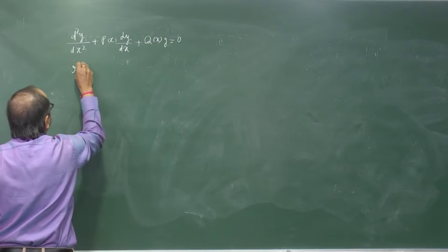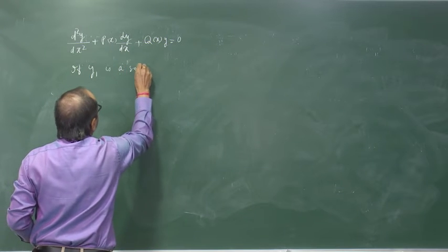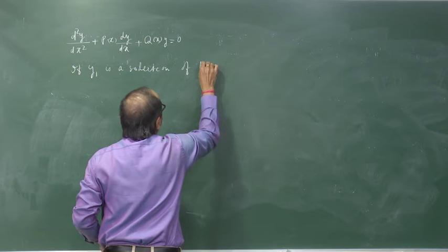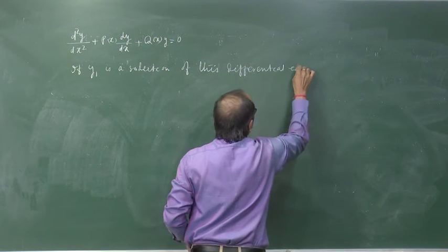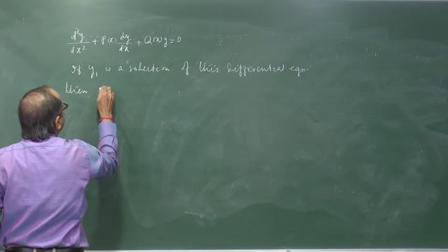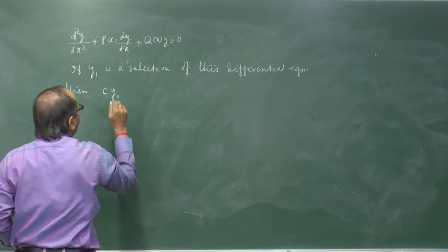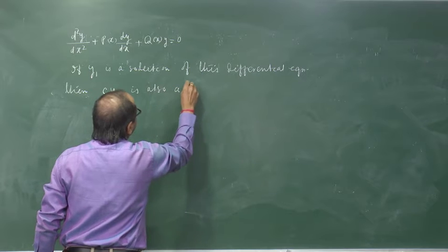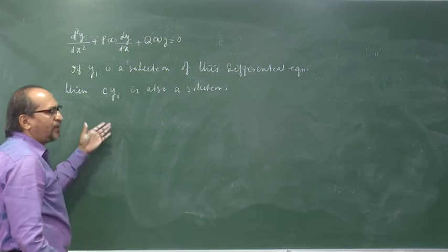If y1 is a solution of this differential equation, and C is an arbitrary constant, then Cy1 is also a solution of this equation. You can very well verify it.